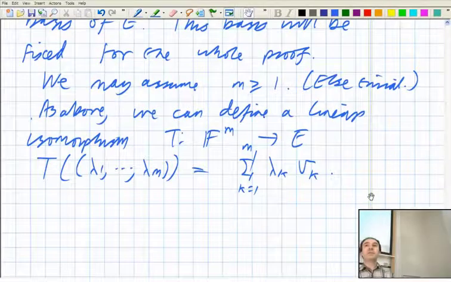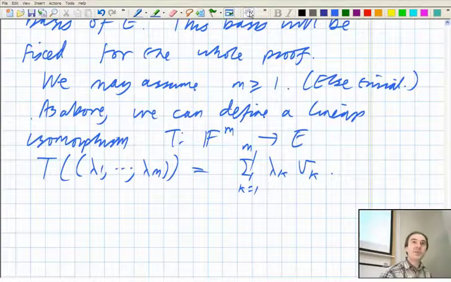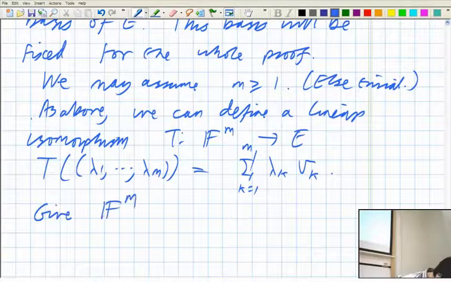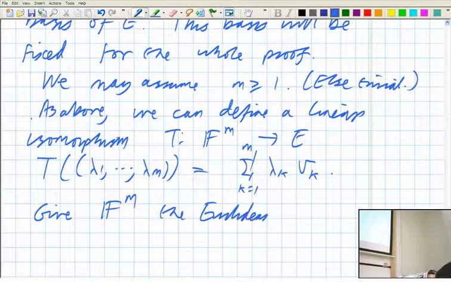We now use that to transfer the norm across, and we'll use the Euclidean norm. So we give F to the m the Euclidean norm, norm 2.